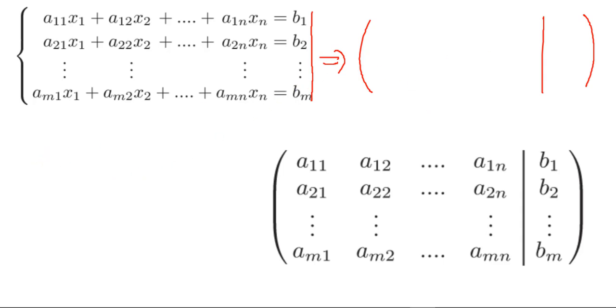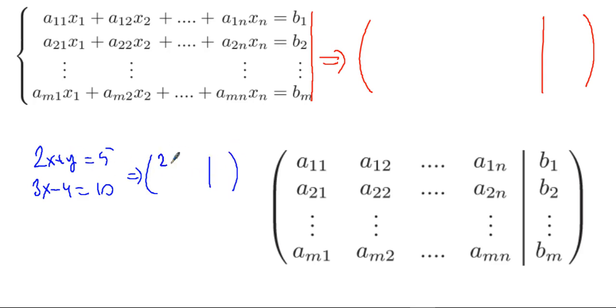For example, a quick example: let's have these simultaneous equations, 2x plus y equals 5 and 3x minus 4y equals 10. If I want to write an augmented matrix, I will just take their coefficients. On the first one, it's 2, 1, 5, and 3, minus 4, and 10. On the right-hand side, you have only results. And here, just pay attention: if you go with the first x, there should also be x here. Just write their coefficients.